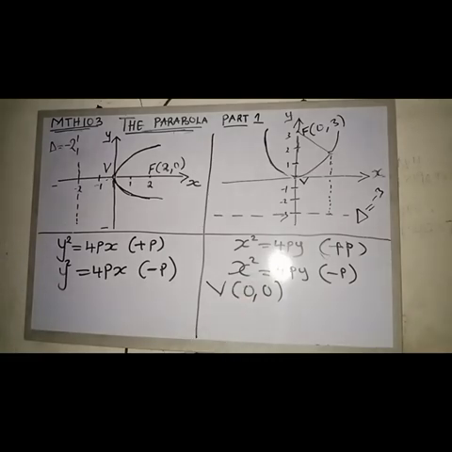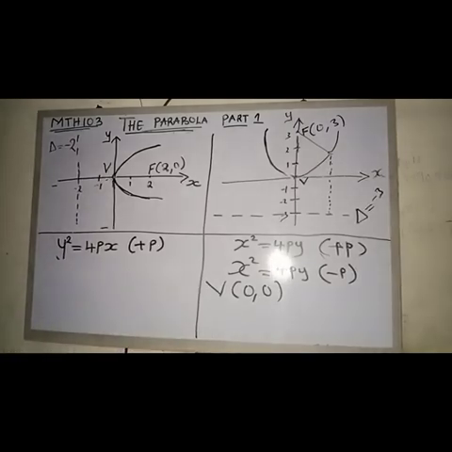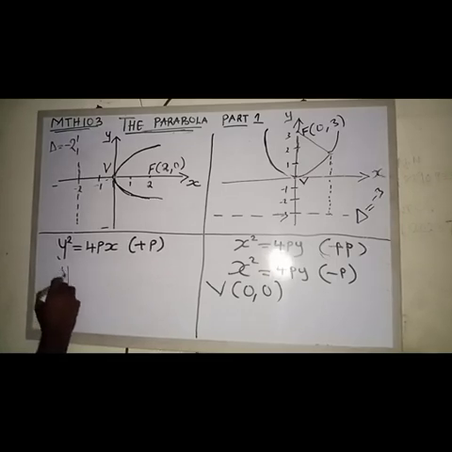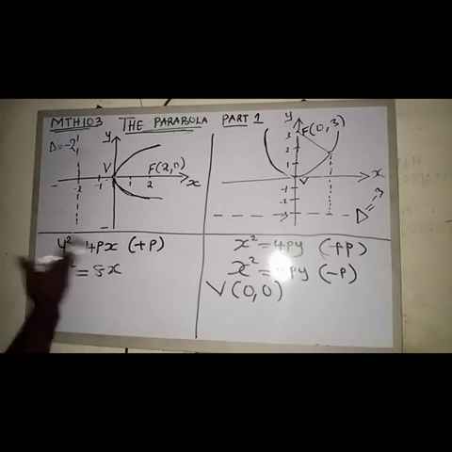Now let's pick an equation to show when the curve opens. Let's look at this: we have y squared is equal to 8x. Now we can compare these two equations.